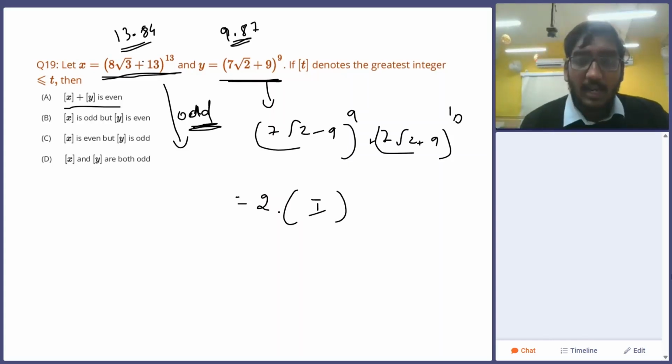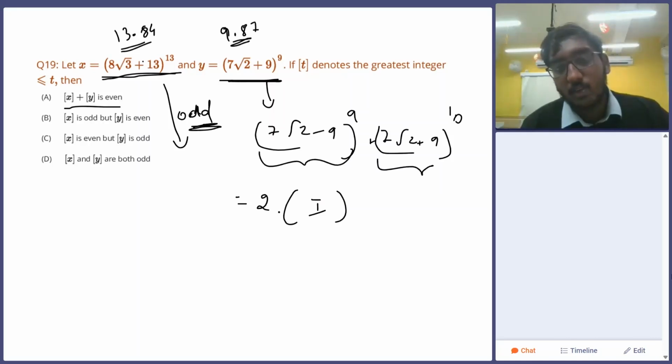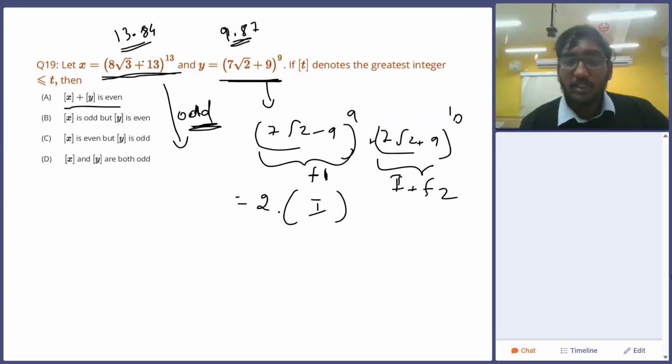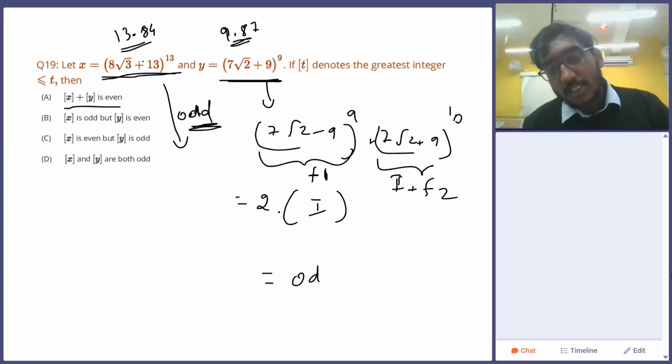And it is also known that this particular value is purely fractional. 7 root 2 minus 9 whole power 9 will be further smaller, it will be a fraction. Let's call it f1. And let's call this I plus f2. So when you subtract on the other side, a fraction being subtracted from an even integer, what we'll be having is one odd integer plus some fraction.